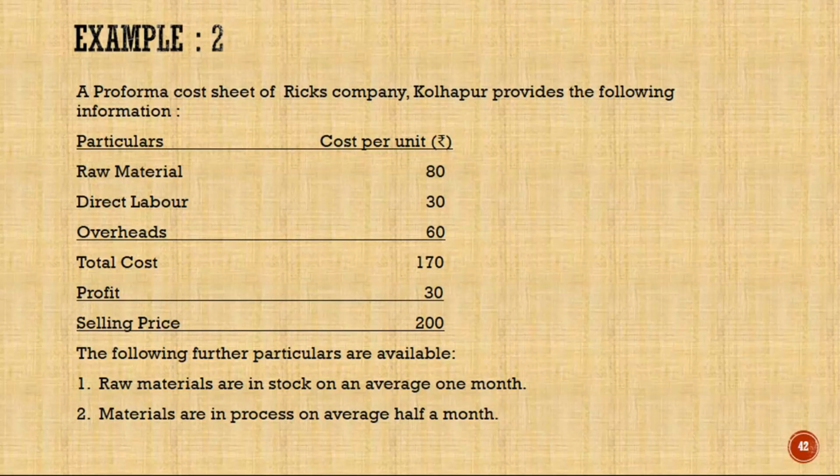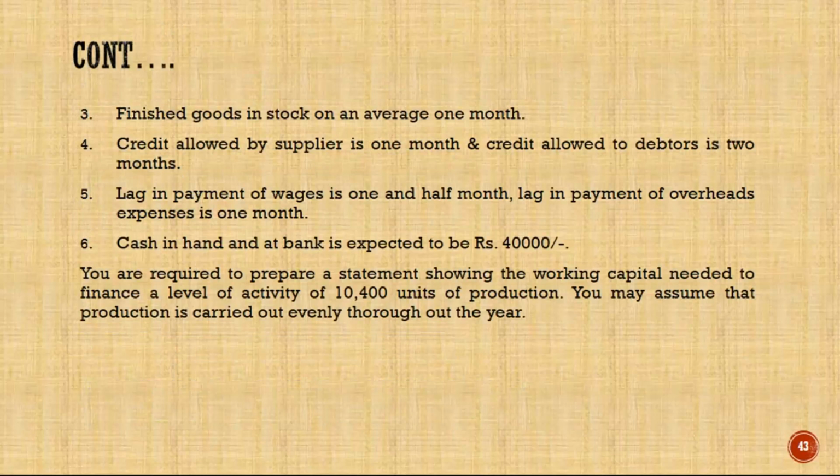Second is materials are in process on average half a month. That means material will take half a month for getting processed. Next is finished goods in stock on an average 1 month. That means it will lie in a godown for 1 month.